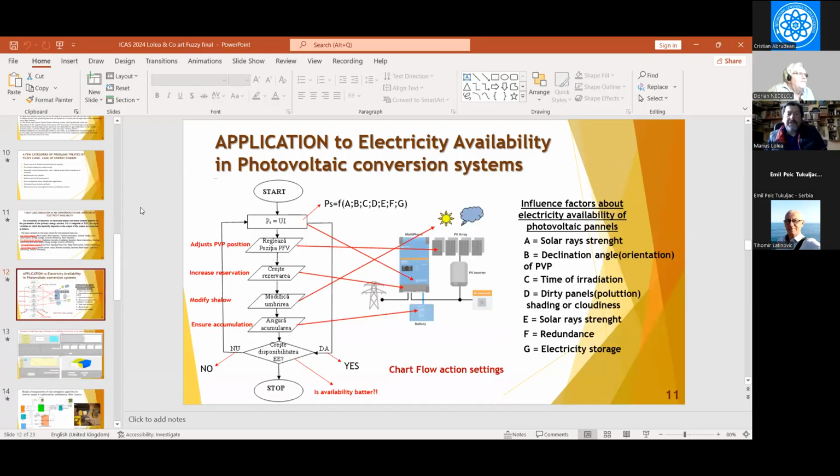Okay, which is the application of electricity availability in photovoltaic conversion with fuzzy logic. In this chart, we can see the influence factors on electricity availability of photovoltaic panels.